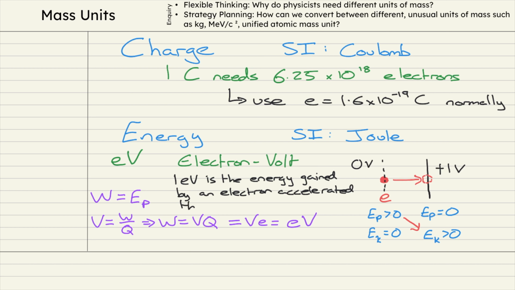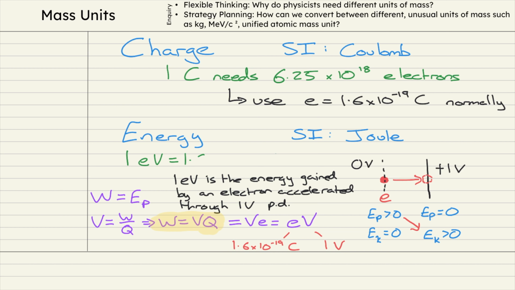To convert to joules, we simply put the charge of the electron into the equation. So, 1 eV is when V equals 1 volt and e equals 1.6 times 10 to the minus 19 coulombs. So 1 eV equals 1.6 times 10 to the minus 19 multiplied by 1, which obviously is 1.6 times 10 to the minus 19 joules.